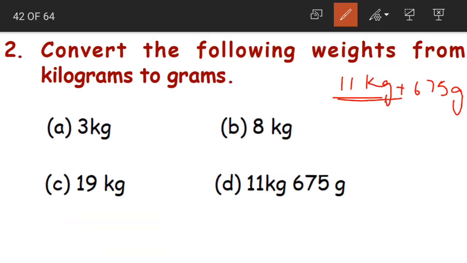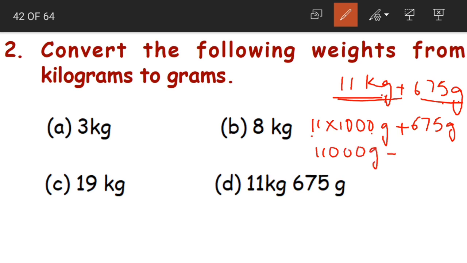We'll multiply the kilograms by 1000, and 675 grams is already in grams, so we'll leave it as it is. 11 into 1000 is 11,000 grams plus our 675 grams. When we add these two together, the answer would be 11,675 grams. Is this clear, children?